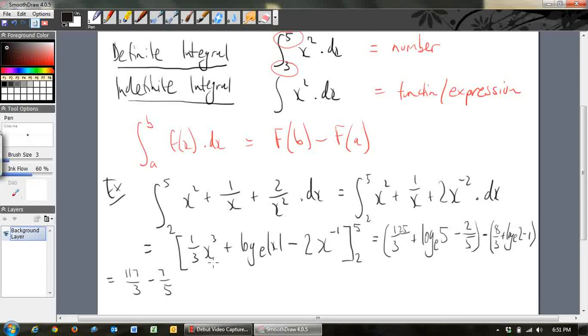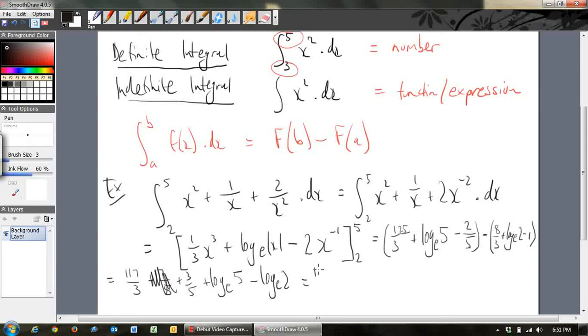Oh, actually, sorry, there's a minus there, and so that makes that a plus, so I'm going to scribble that out. So I've got minus 2 fifths plus 1, so that's plus 3 fifths. And then we've got plus log e 5 minus log e 2. I'll write it out so that no one gets confused.